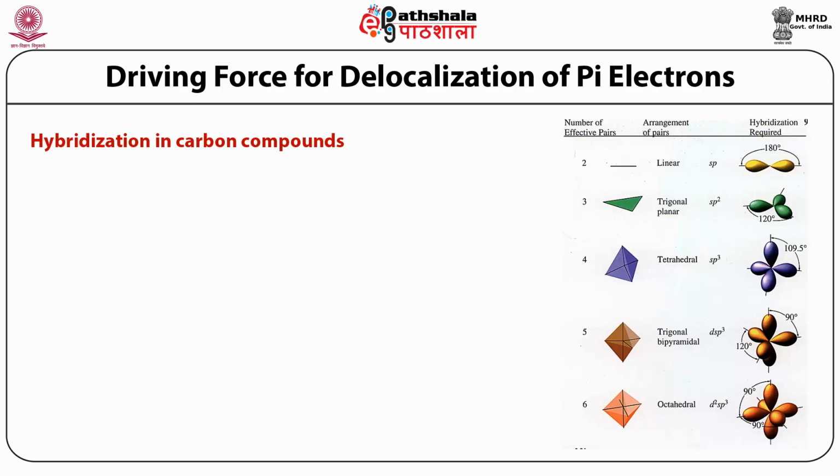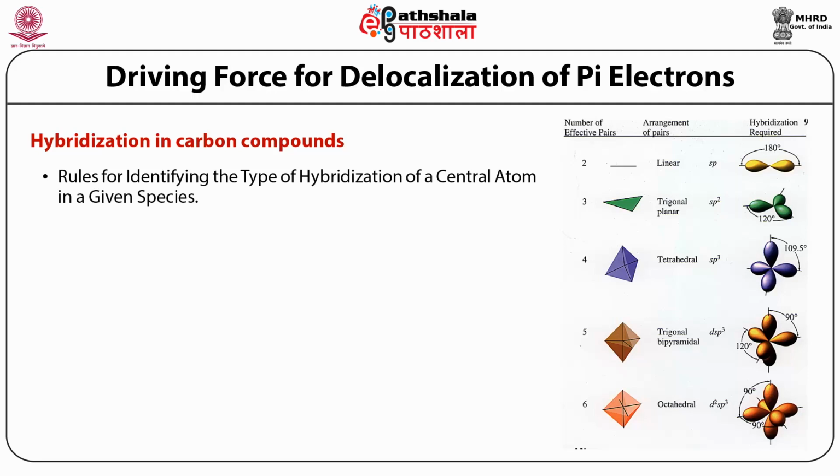All these possibilities with different pairs of carbons and other elements in different carbon-based compounds are given in this table. This shows the relationship between the hybridization and the distribution of electrons in the valence shell of an atom. Now students, let us discuss the rules for identifying the type of hybridization of a central atom in a given species.